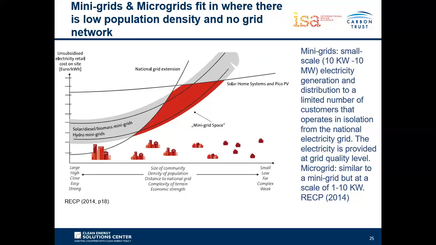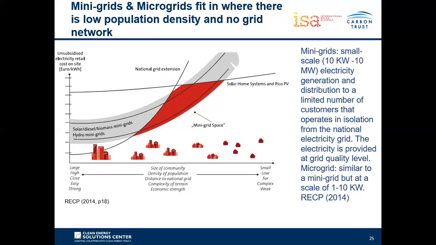However, it's still cheaper than a solar home system, which has a fairly flat cost profile and doesn't vary much depending on the density, the location, or the size. But we can see here that extending the national grid out to areas of low density, far away from the national grid, and in small communities, is exponentially more expensive.